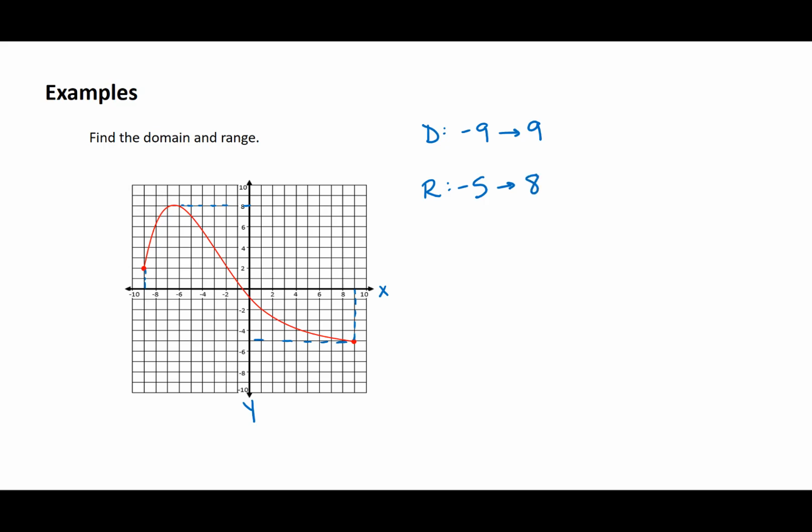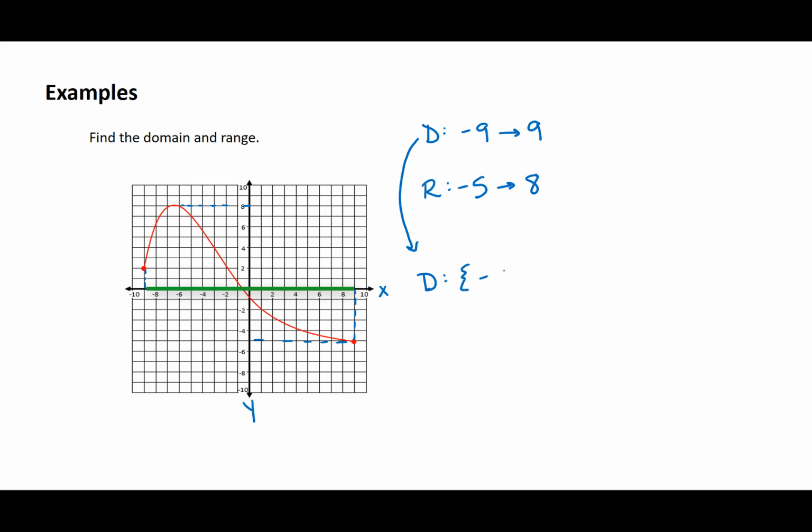Now this is how we've written domain and range in the past. Now that we have an understanding of inequalities, let's write it properly with an inequality. So bring my domain down here, and what this has meant until now was our domain is between -9 and 9, or all the values in between. So now I can write that as an inequality with the squiggly brackets.